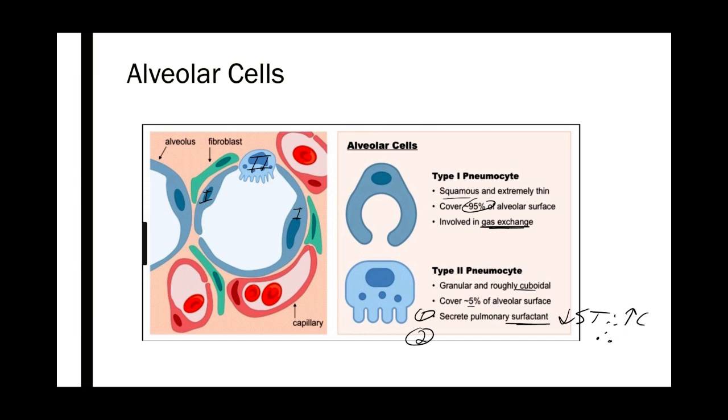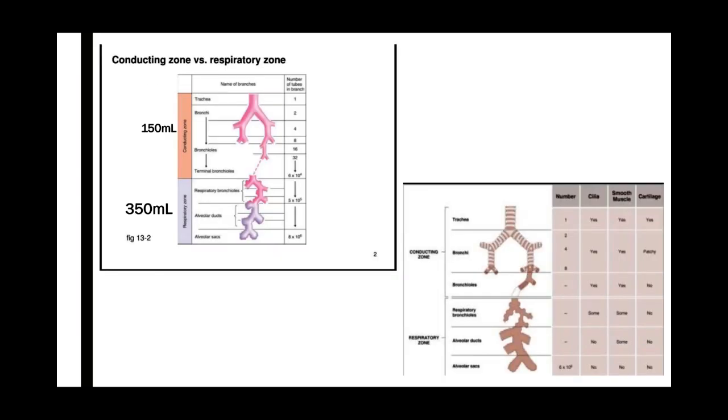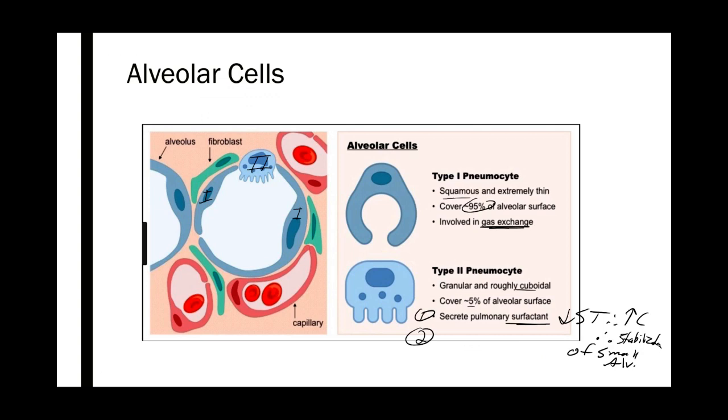That also allows for the stabilization of small alveoli, because, I'll draw it up here, large alveoli generally are pretty stable, but small alveoli have a tendency to collapse, and surfactant allows for the stabilization of these smaller alveoli.